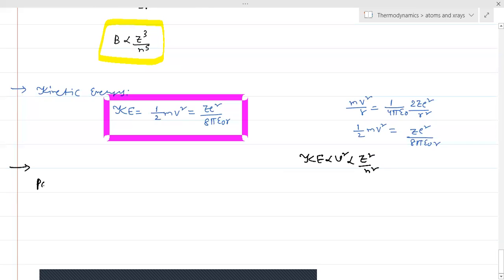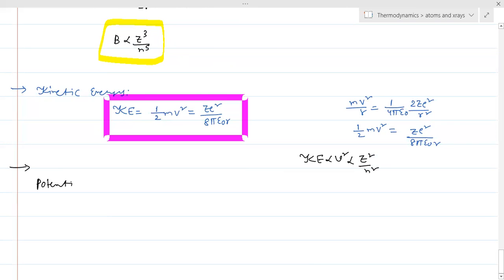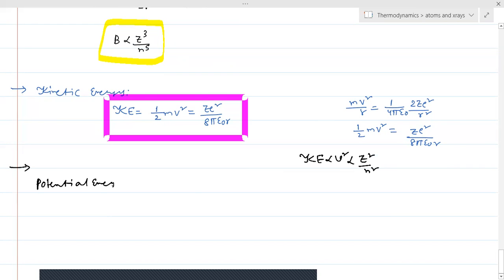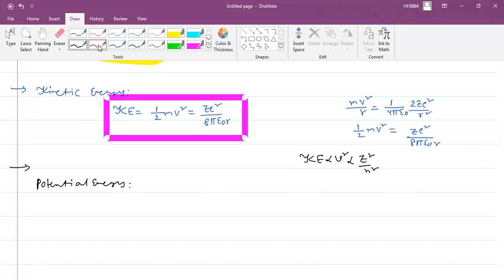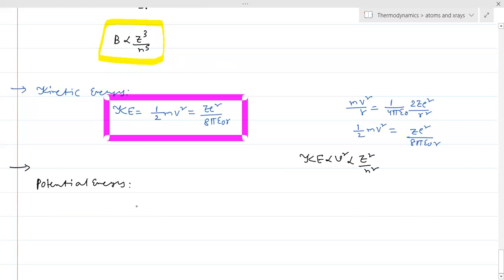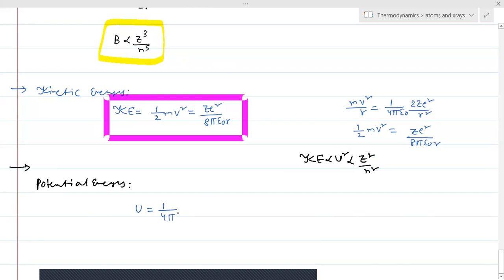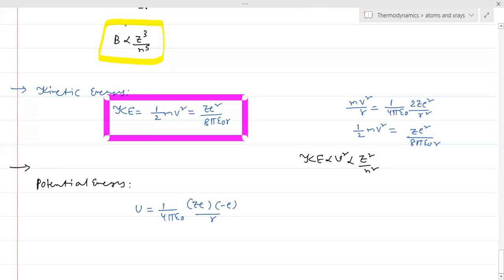Next, potential energy. Potential energy U, just by taking the electrostatic formula, we can easily remember 1 by 4 pi epsilon naught q1 q2 by r. 1 by 4 pi epsilon naught into q1, which means Ze, q2, the charge of the electron, is minus e, by r.